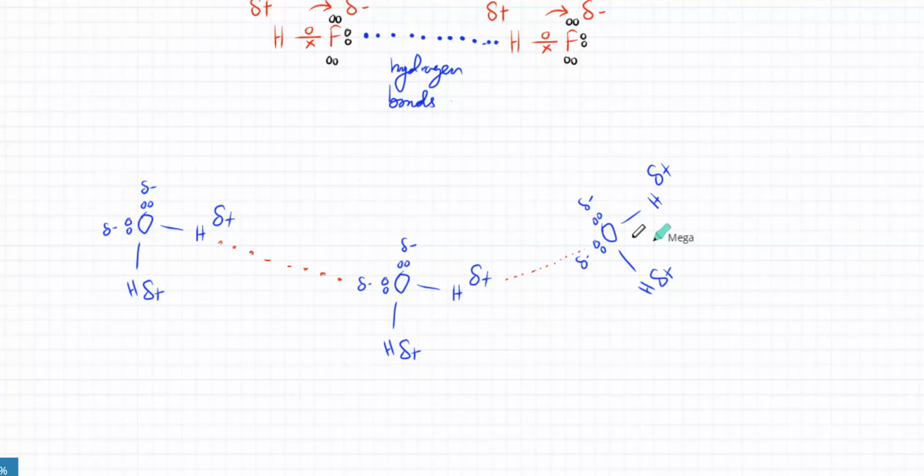Remember this: people make the mistake that when they ask you to draw hydrogen bonds, they just randomly start connecting lines between them. So make sure one positive H is going to attract just one of the lone pairs. This positive H will attract the lone pair of the other water molecule.